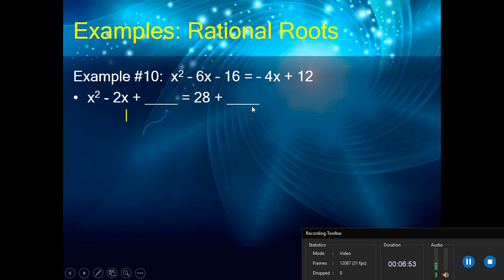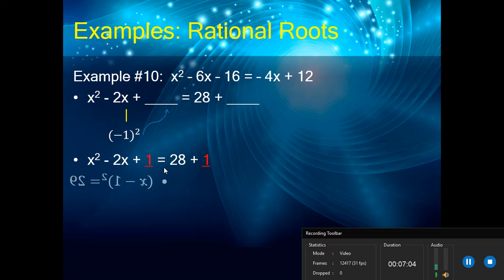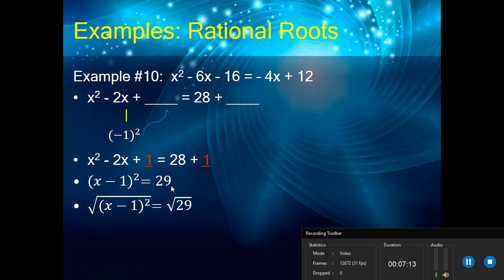I've left room to complete the square. Half of negative 2 is negative 1, and when I square it, we'll fill in our blanks with positive 1. We have our two identical factors and 29 on the right-hand side. Square root. 29 is also prime, so we're lucky there. There's no simplification. We're going to add 1 to both sides.